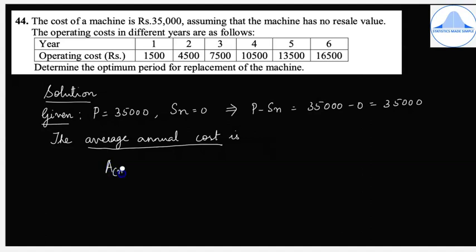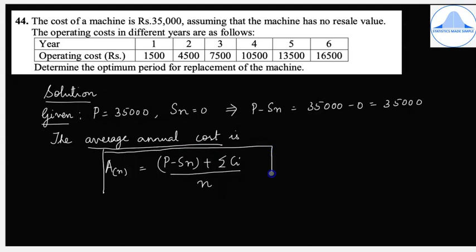A subscript n is equal to P minus Sn plus summation Ci divided by n. So P is the purchase cost, Sn is the scrap value or the resale value, Ci is the maintenance cost, and n stands for the different years.